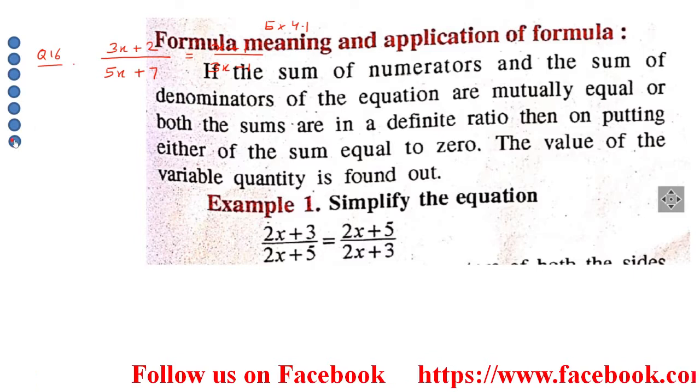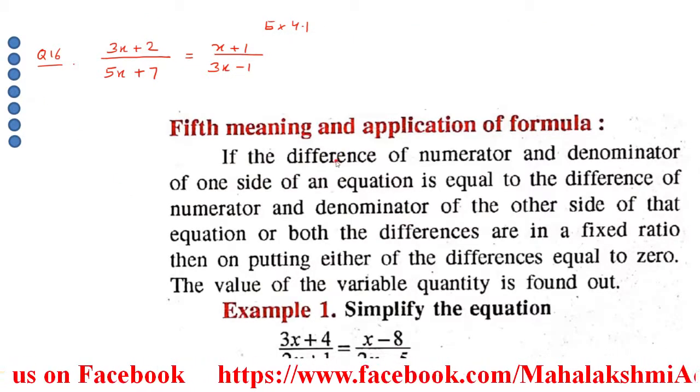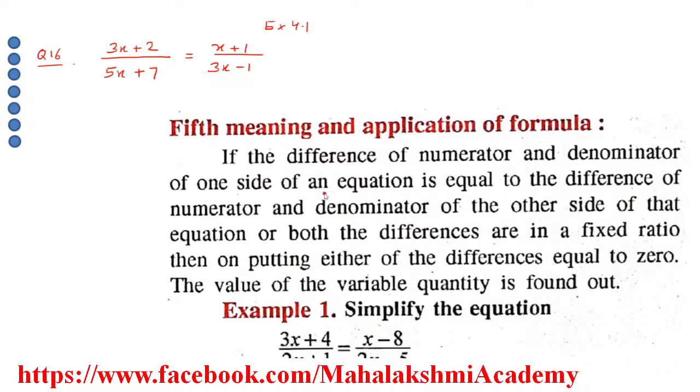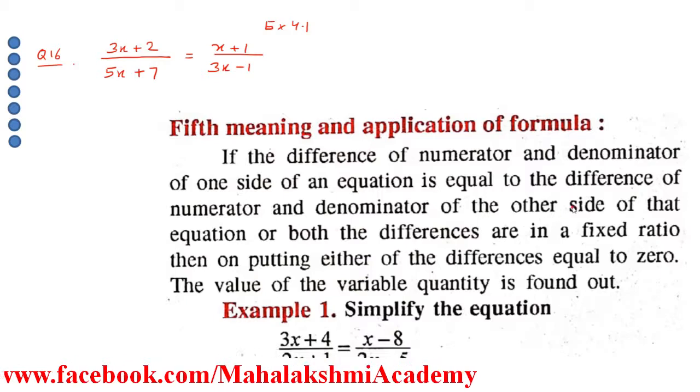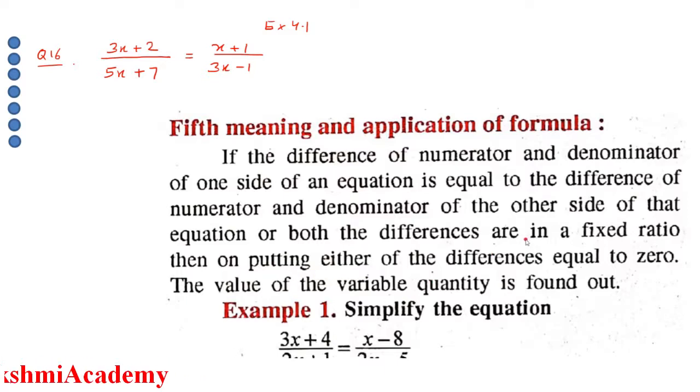Now let us go through the fifth meaning also. The fifth meaning says that if the difference of numerator and denominator of one side of an equation is equal to the difference of numerator and denominator of the other side, or both differences are in fixed ratio, then on putting either of the differences equal to 0, the value of the variable can be found.